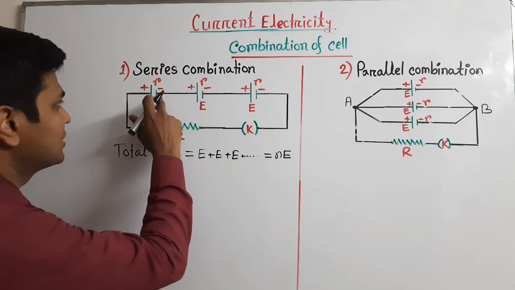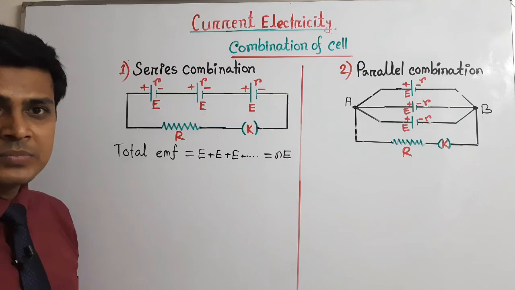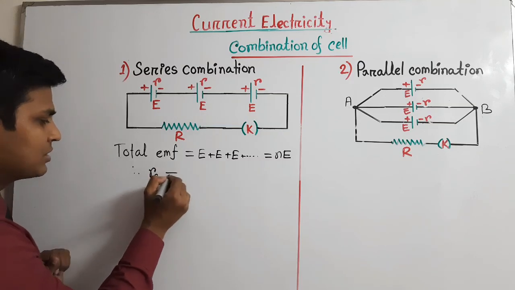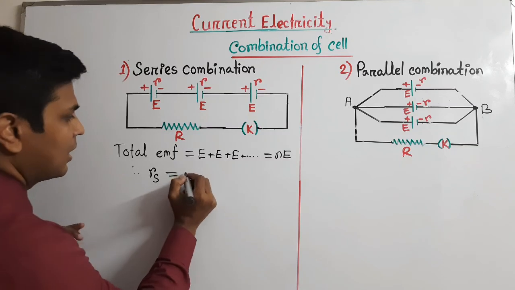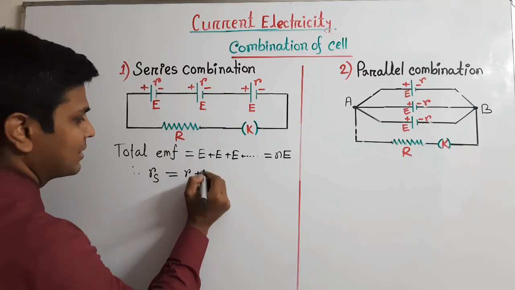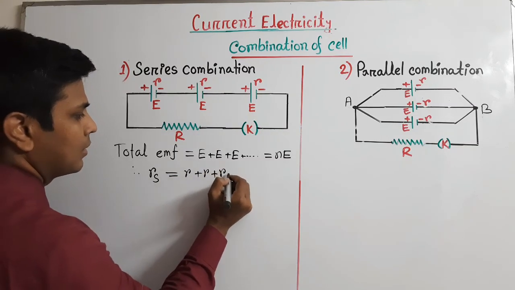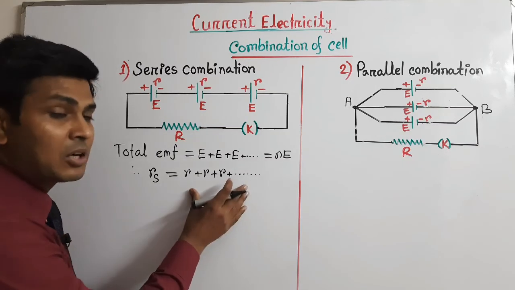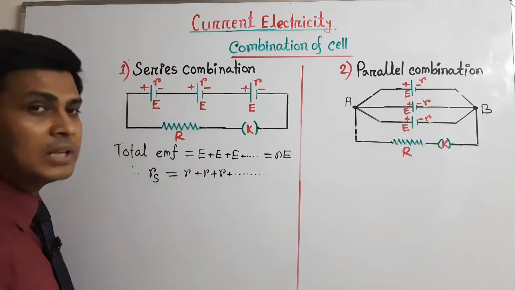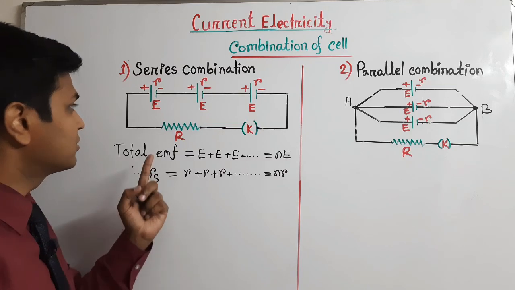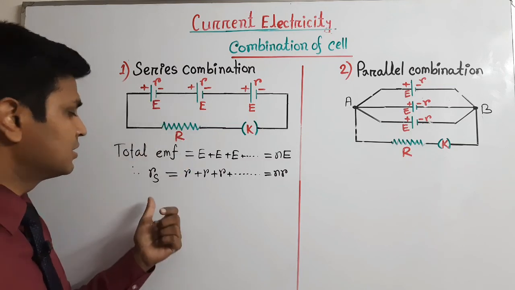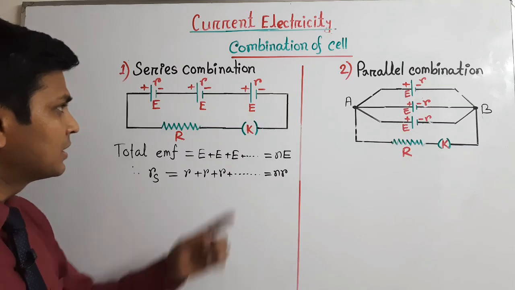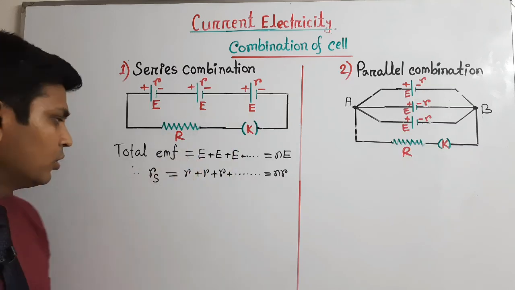These internal resistances are connected in series, and you know the formula to calculate the equivalent resistance of a series combination is R1 plus R2 plus R3 plus ... Rn. If you consider n number of cells, then the equivalent internal resistance for the series circuit is nr, and here the external resistance is R.